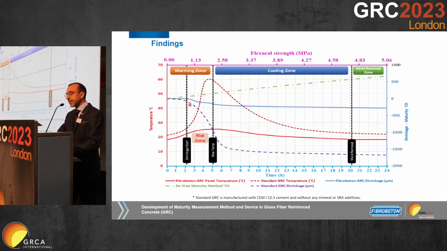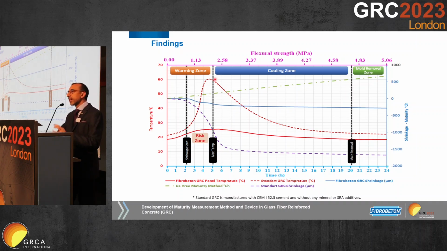You may read the difference between both mix designs, but let's keep on that track. We can look very detailedly at when the shrinkage starts and when the heat gets to its highest.